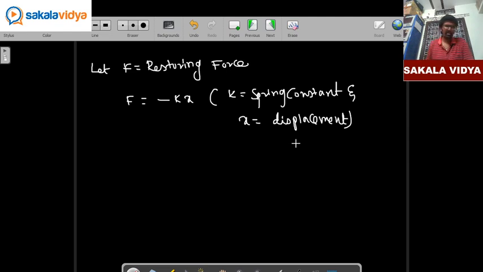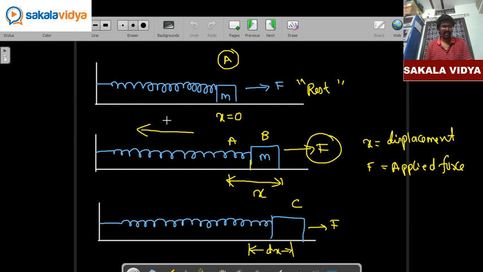Okay, so according to our basic formula, work done is nothing but force into displacement into cos theta. In this case, the restoring force is on the left hand side of the spring, whereas applied force is on the right hand side, which means the displacement made by the body is on the right hand side and restoring force is on the left hand side.